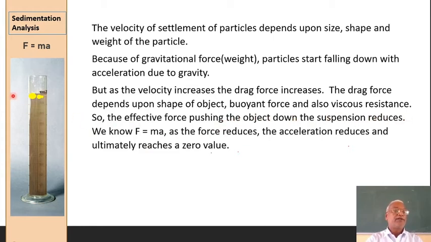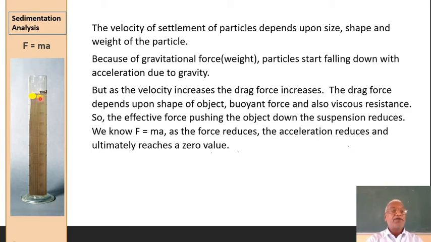Now, we have just seen an object falling under the action of 50 newtons. That 50 newtons is still there, but now there will be reverse forces, right? These reverse forces will obviously cancel part of that 50 newtons. Suppose there is a drag force with a magnitude of 20 newtons.